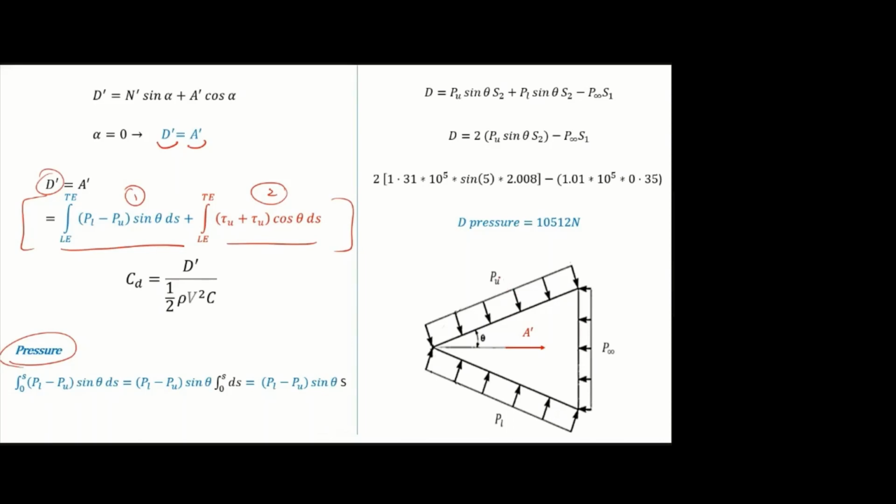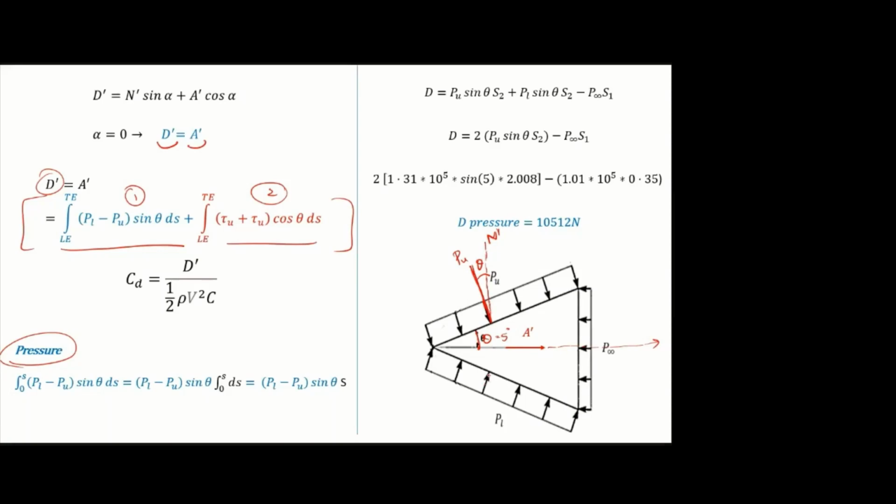Straight away we can multiply pressure into area. We know theta, and this is the pressure acting direction. The formula theta is measured between the pressure and the n dash direction.